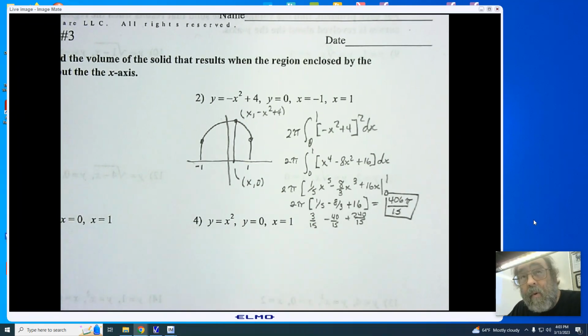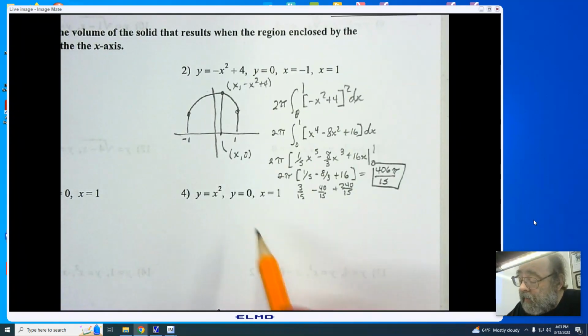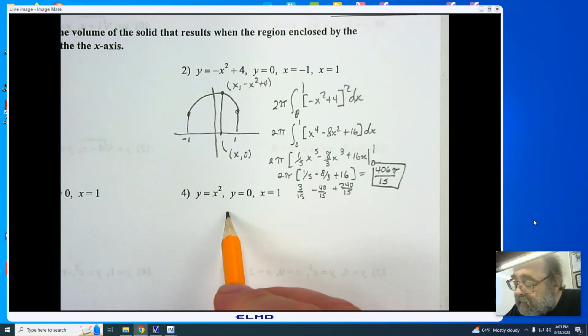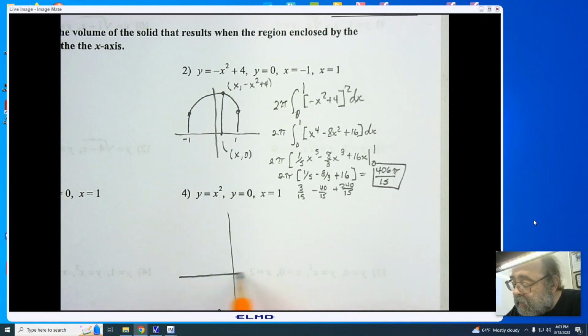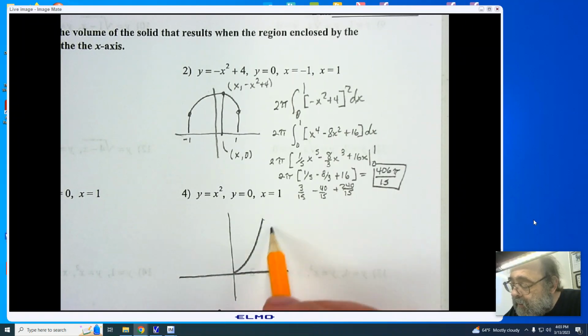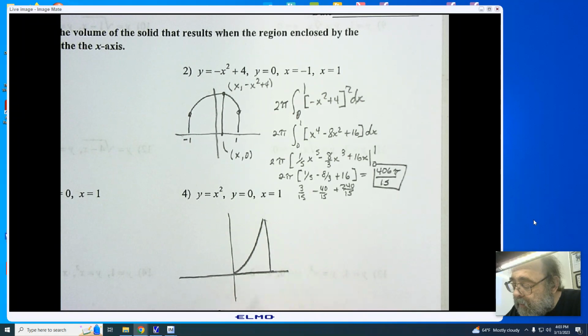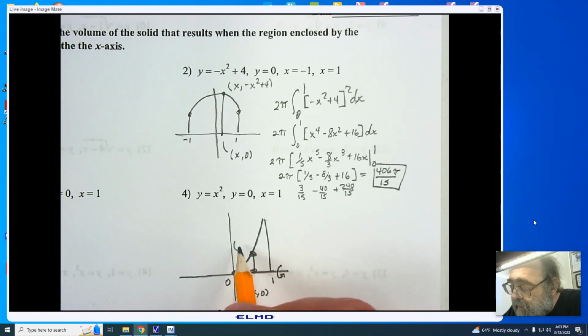Let's go ahead and take a look at number 4 now. For number 4, we're looking at a quadratic. Opens up, and it's going from 0 to 1. So looking at that piece, rotating around that axis, starting at 0, going to 1, and my representative rectangle, we're looking at x comma 0 and x comma x squared.